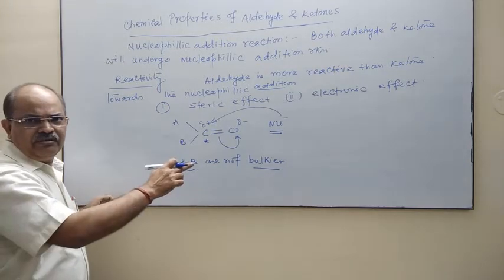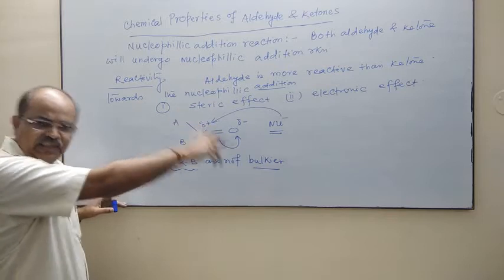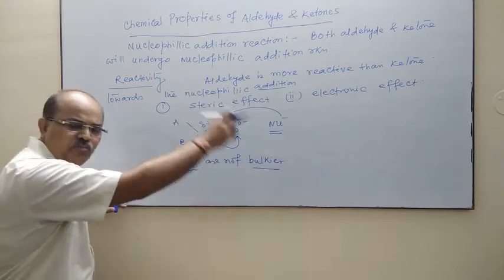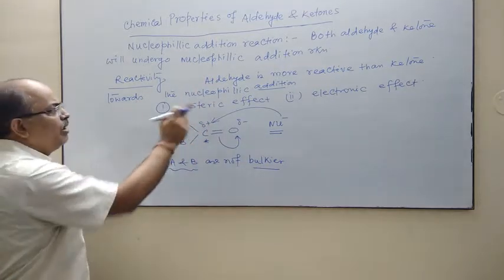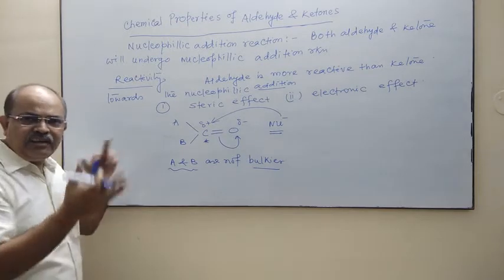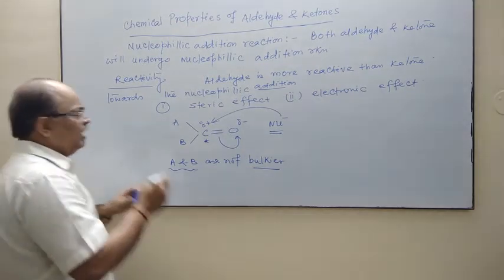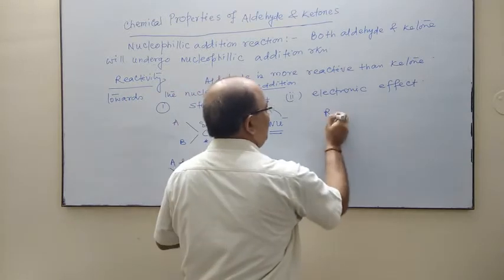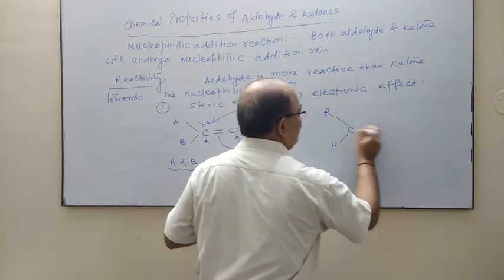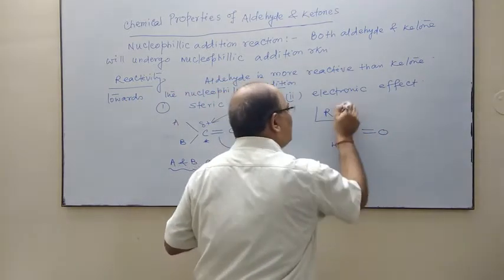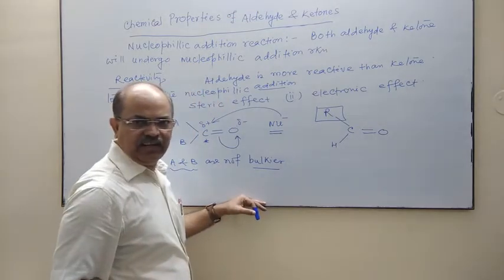And then the nucleophilic addition takes place more readily. So that is one of the reasons that your aldehyde is more reactive than ketone. Because in case of your aldehyde, only one group is bulkier, that is alkyl group.